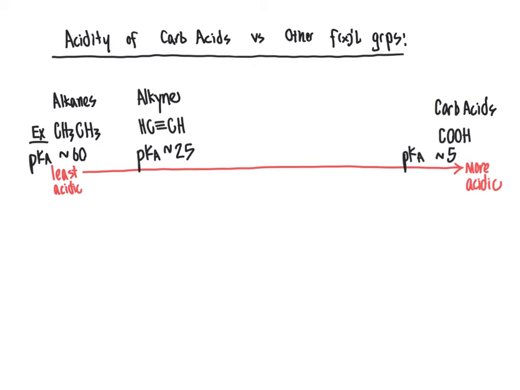We can then go onward toward even more acidic molecules in this progression, going to things like alcohols. An alcohol, where I'll put in R as just whatever alkyl group is there, R-OH, will generally have a pKa value of somewhere around 15 or so as the ballpark.